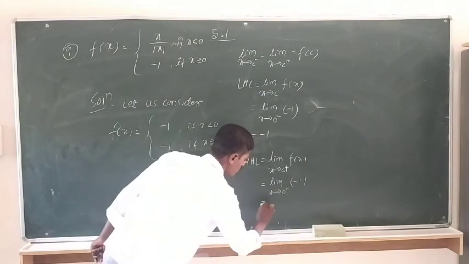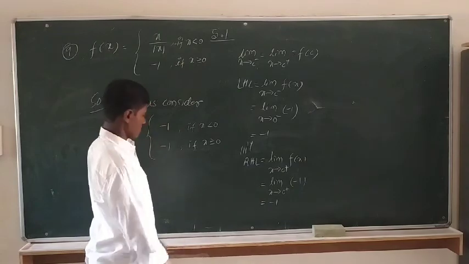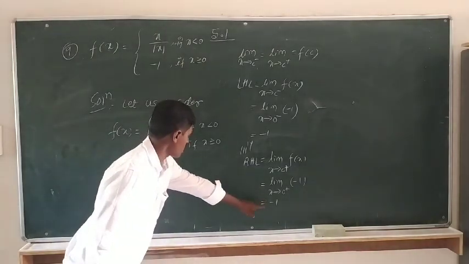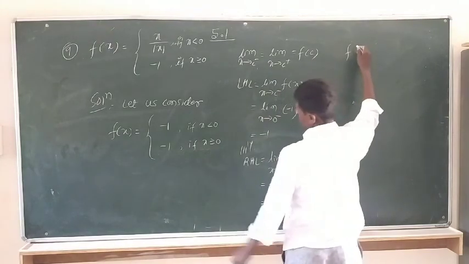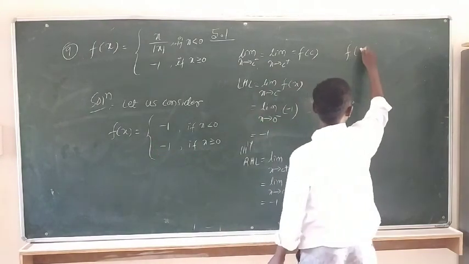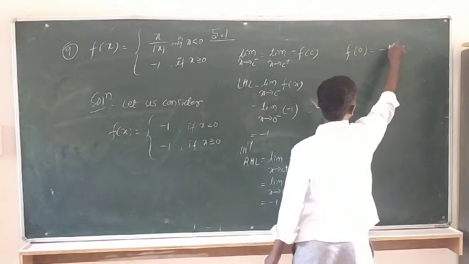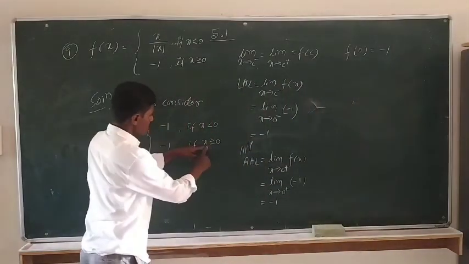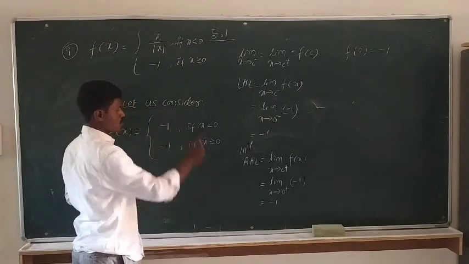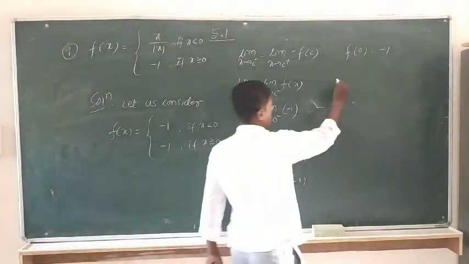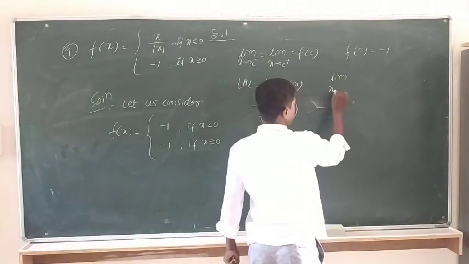In both the cases the function is the same, so LHL and RHL are the same. Now find f of c, that is the value at 0. f of 0 is also minus 1 because the equal symbol is here. When f of 0 is nothing but minus 1, all the three terms are equal.